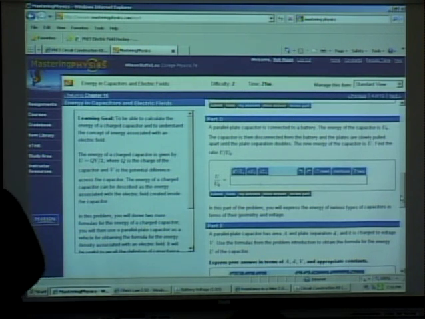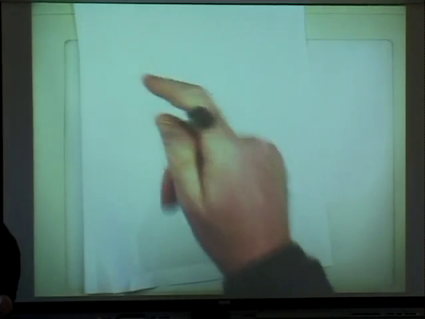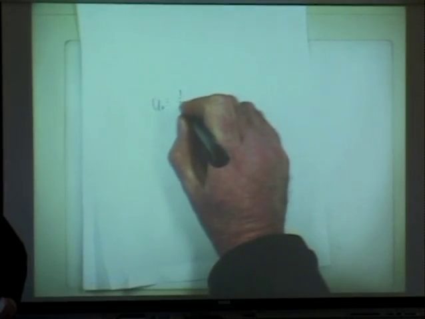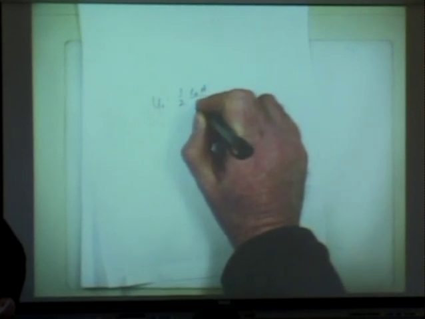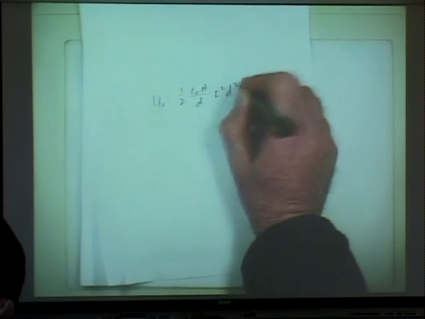So let's use this. Here's what I did, and I know it's probably painful. I said that U naught, the original U, is going to equal 1/2 the permittivity of free space times A over D times E squared D squared.